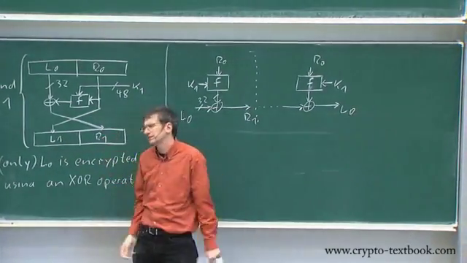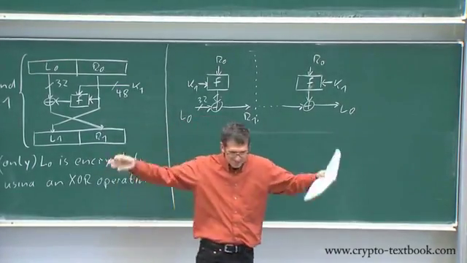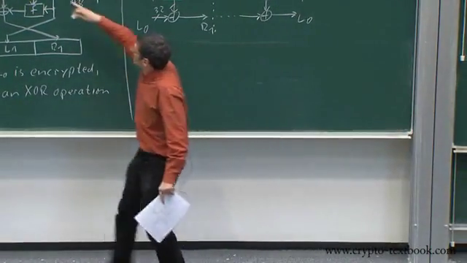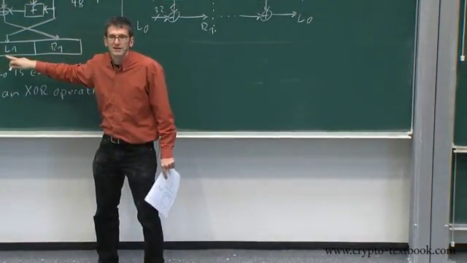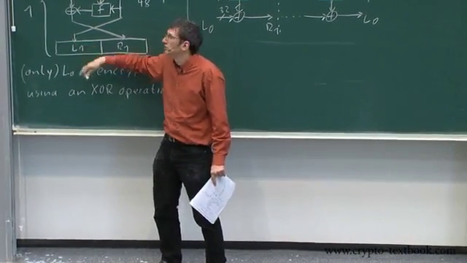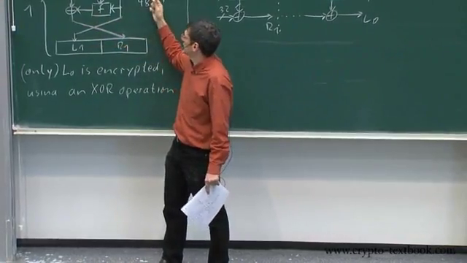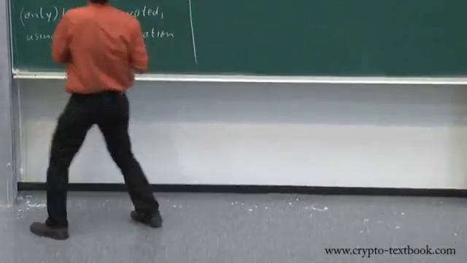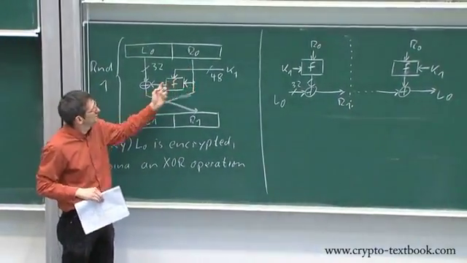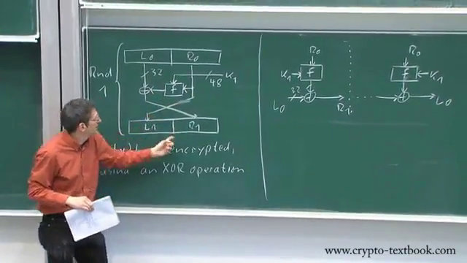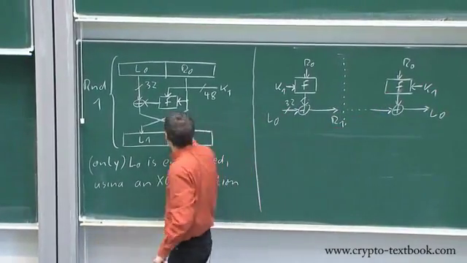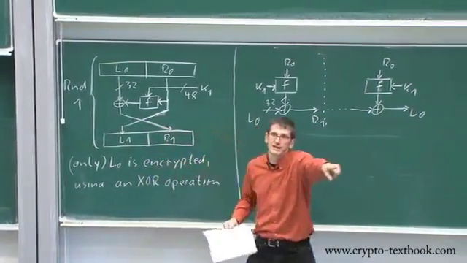Big picture is großzügig gesehen, ohne Detail betrachtet. We copy R0 over as L1 here, right? That means at the output, L1 is available. So in principle, we could reverse that function because we know K1, we know L1. If you said, well, I don't need R0 here because it's not being encrypted, you would never be able to do this operation here at this point, right? That's why we have to copy R0 over. Very good answer, okay?